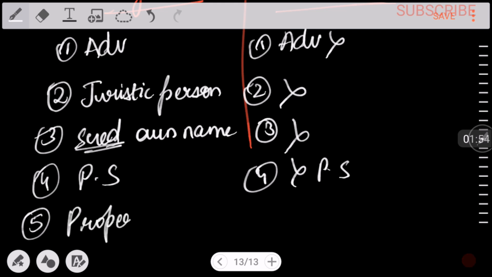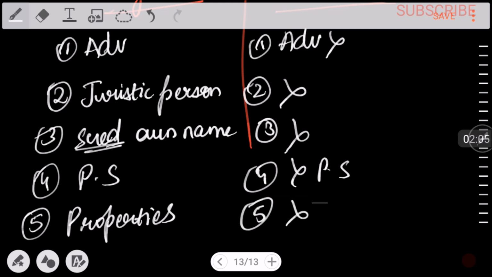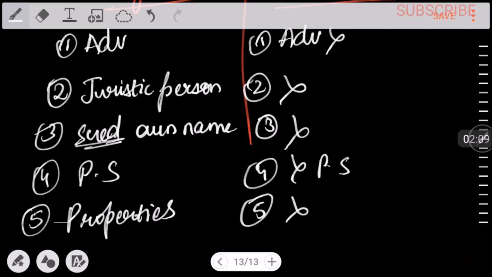An unregistered trade union cannot acquire properties in its own name. Sixth point, it can contract in its own name. An unregistered trade union cannot contract in its own name.